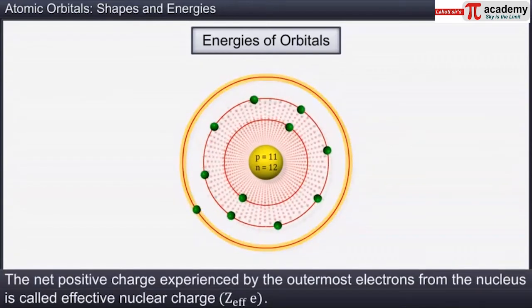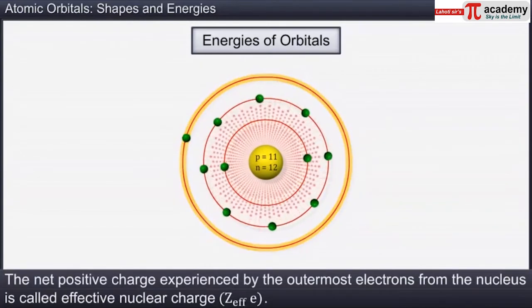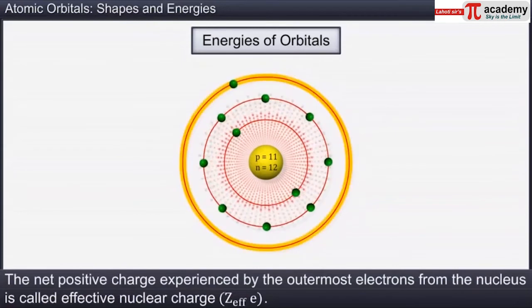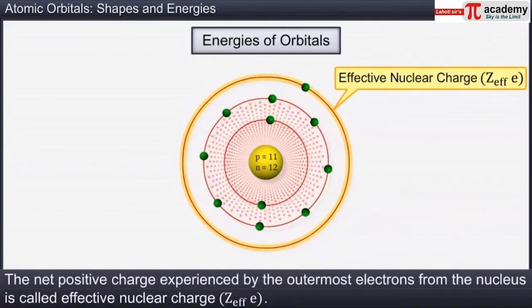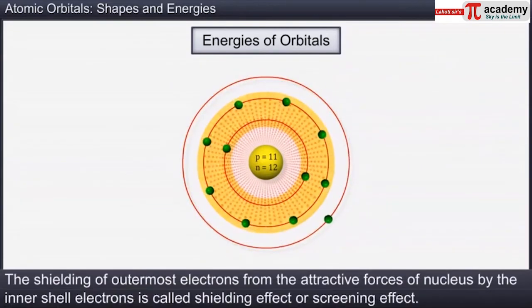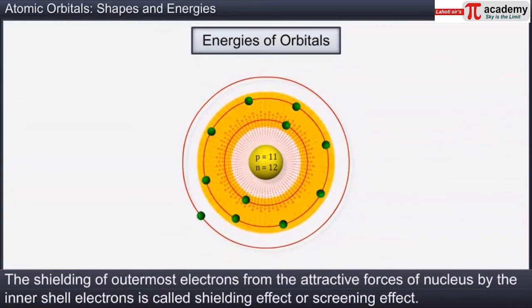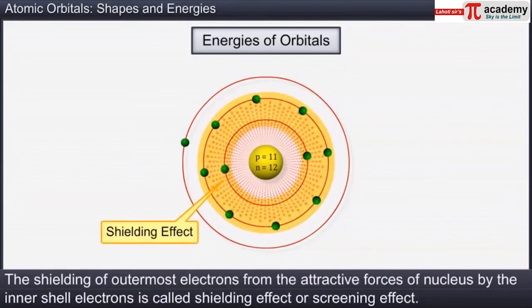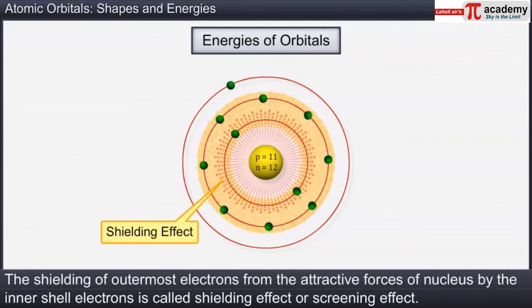Thus, the net positive charge experienced by the outermost electrons from the nucleus is called effective nuclear charge, and the shielding of outermost electrons from the attractive forces of the nucleus by the inner shell electrons is called shielding effect or screening effect.